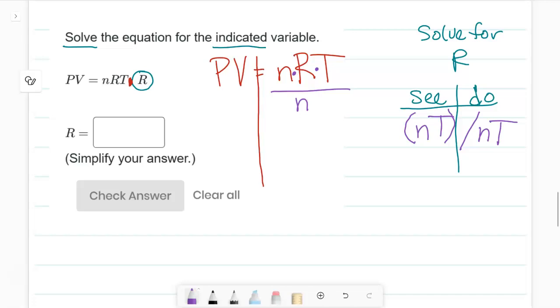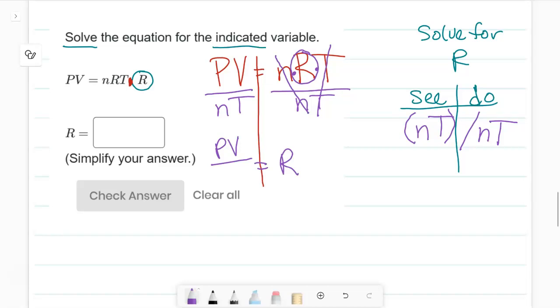Right here I'm going to divide by nt, right here I'm going to divide by nt, so that the n cancels and the t cancels at the same time. That leaves me the r by itself. That's capital R equals capital P, capital V, divided by lowercase n, capital T. Make sure that you type it correctly, and then you check your answer.